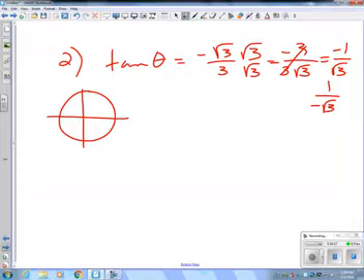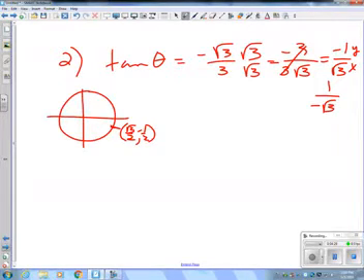Quadrant 2, well, this is y over x, so y's aren't negative in quadrant 1 or 2. Y's are negative in 3 and 4. And for only one of them to be negative, it has to be here at the square root of 3 over 2, comma negative 1/2.